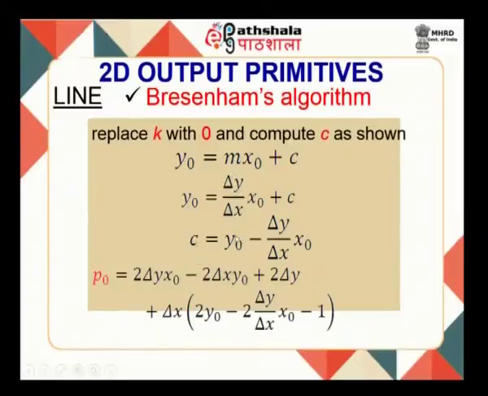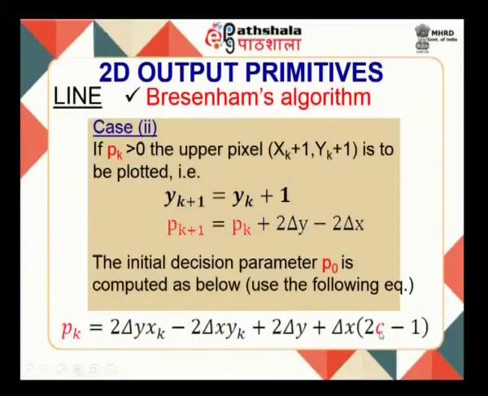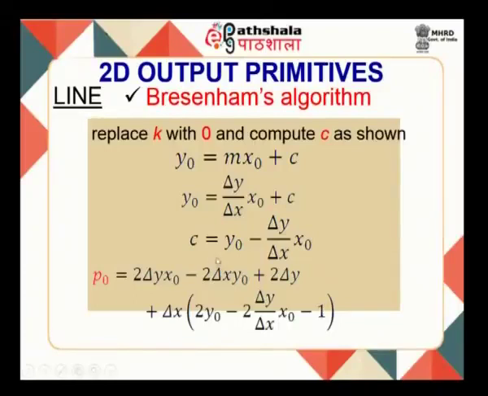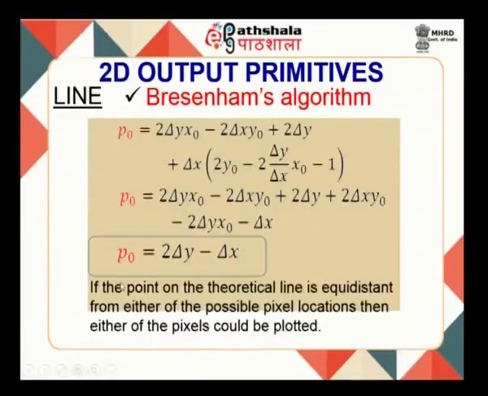So, c is y naught minus del y by del x naught, and in the equation replace c, which is colored in red, with this expression. When you solve it, it reduces to the expression 2 del y minus del x. So, P naught is a simple expression, 2 del y minus del x.